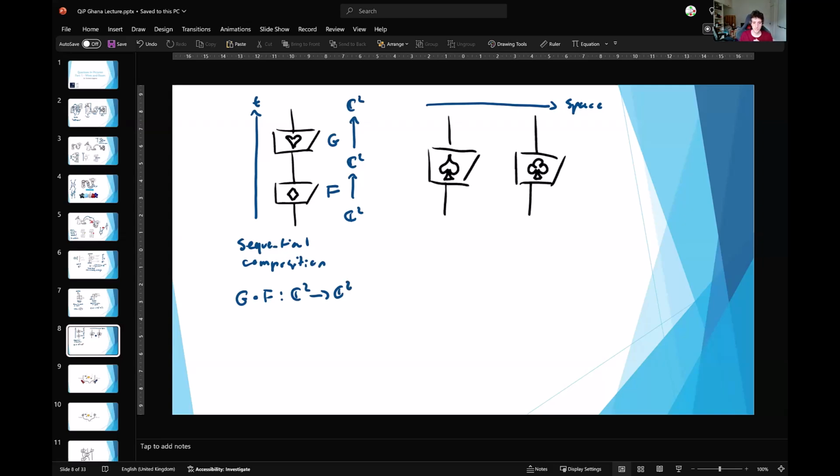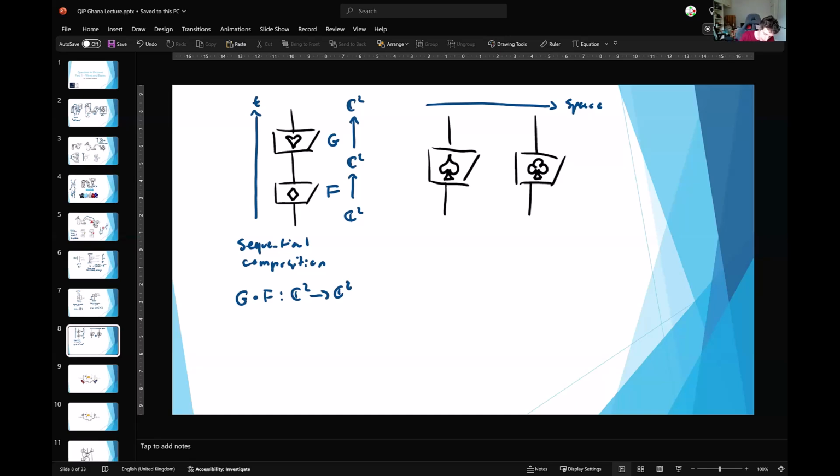Nothing special. Now, if instead you have two boxes and you put them side by side, they are happening in time, but independently, sort of in parallel. So they're not simultaneous. It doesn't really matter if one of them is higher or lower, because the effect doesn't depend on time. There's no specific time parameter here. It's just sequential composition or parallel composition.